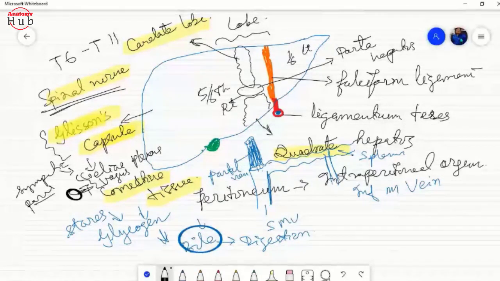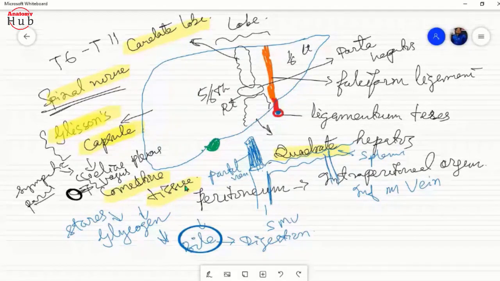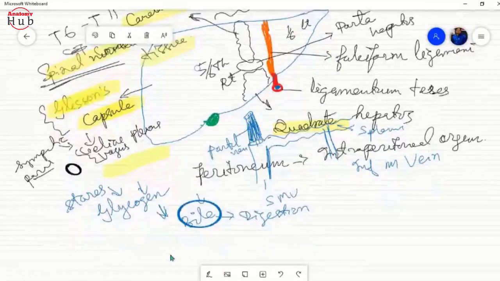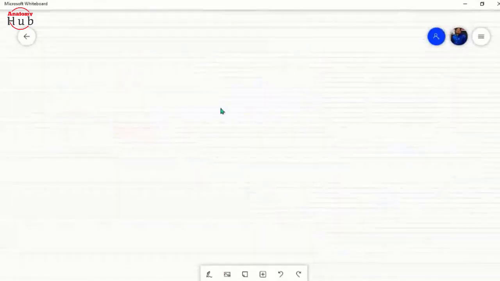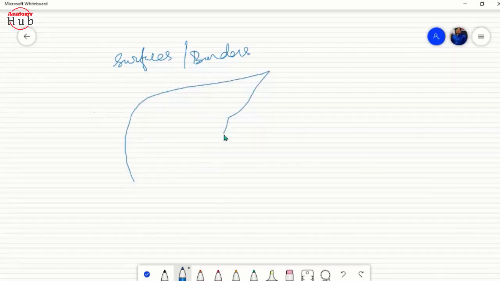Now we'll see the surfaces and the borders, right? In so many books many things have been written. Whatever is written in the book is also correct. But we'll see it from the clinical point of view.